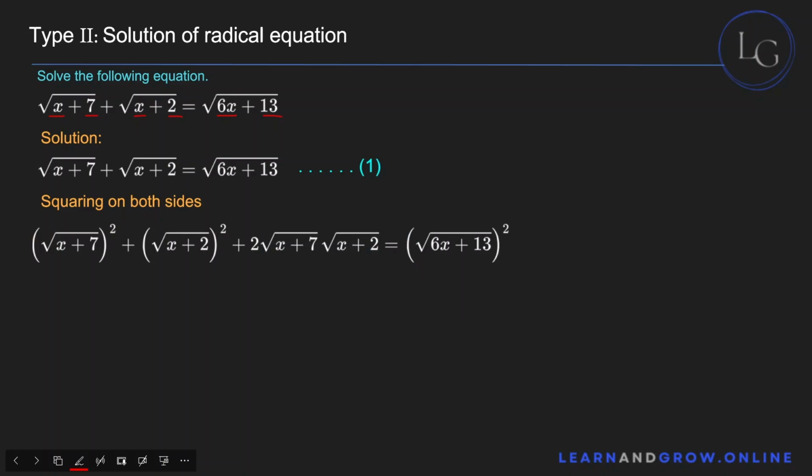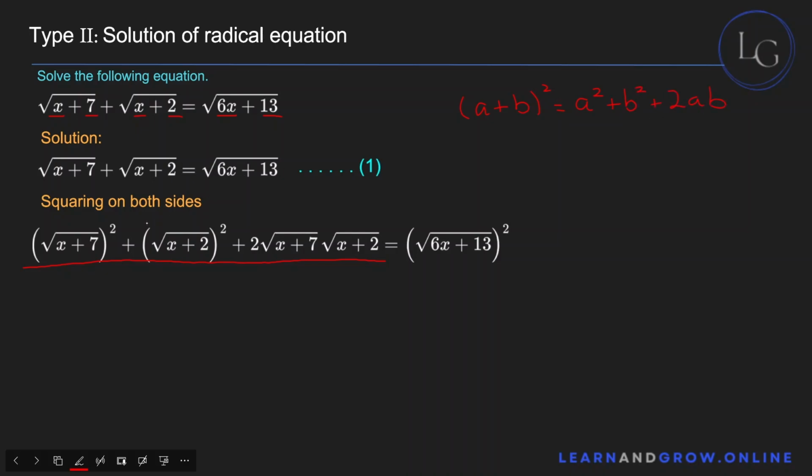So, you'll take the square on both sides. Now, what have we done here exactly? On the left-hand side, how did we get this? As you know, if you have (a plus b) whole square, it is equal to a square plus b square plus 2ab.